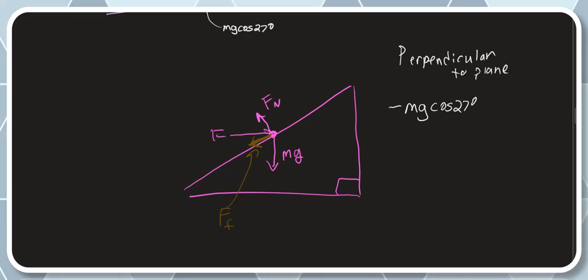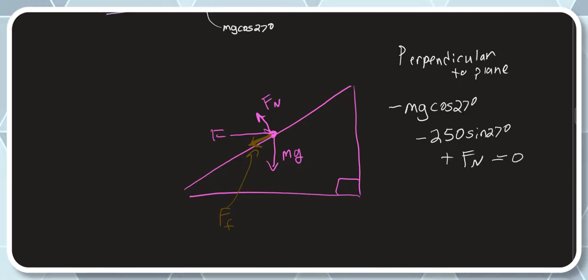The component of the horizontal force was also going down, and that was 250 sine 27 degrees. And then we also have our normal force. And those have to add together to equal zero because there is no motion perpendicular to the plane. I made the normal force the positive direction.